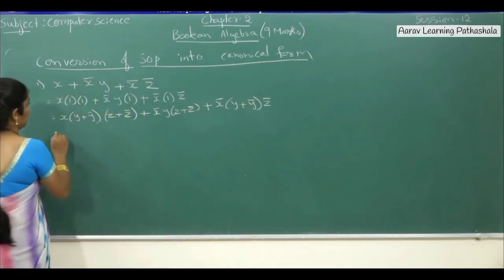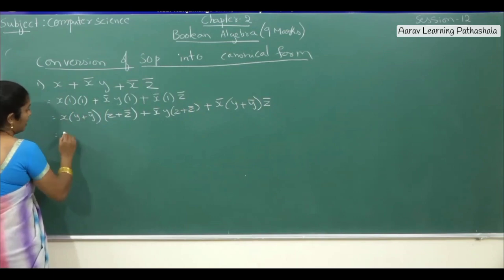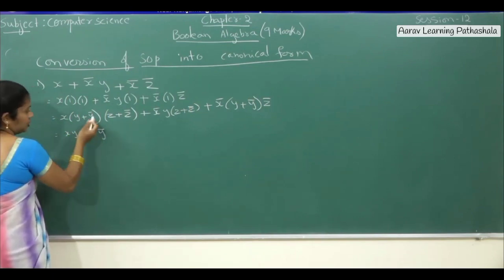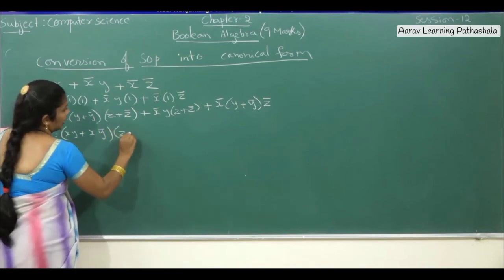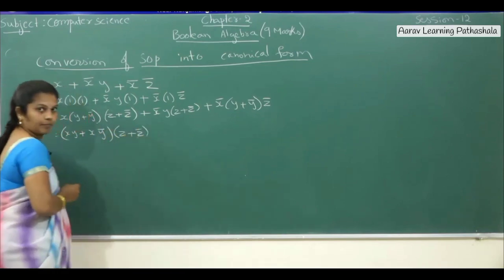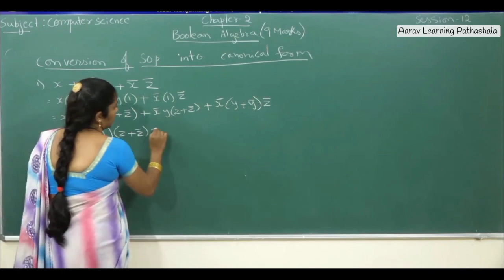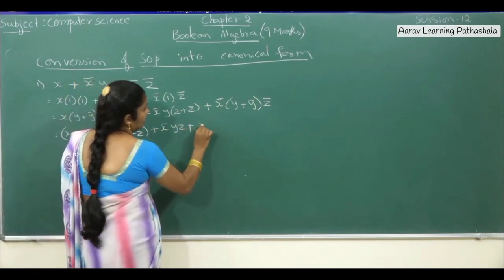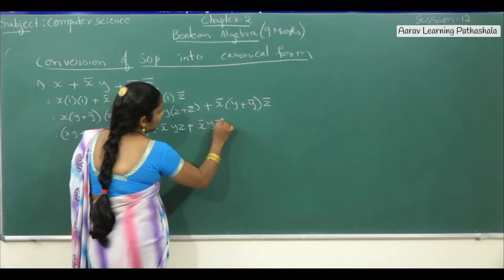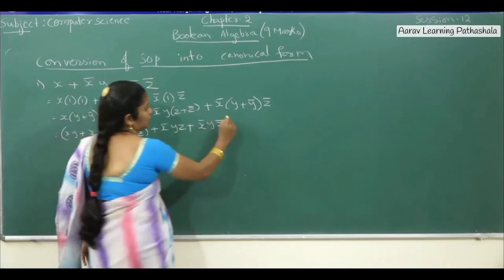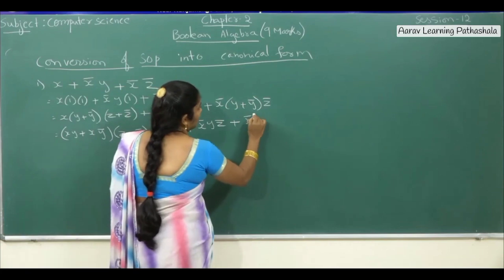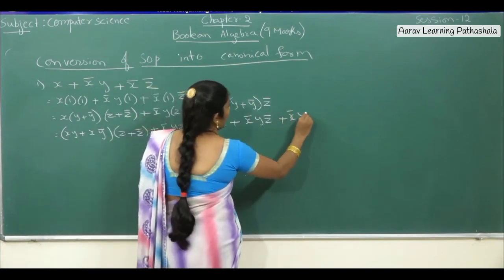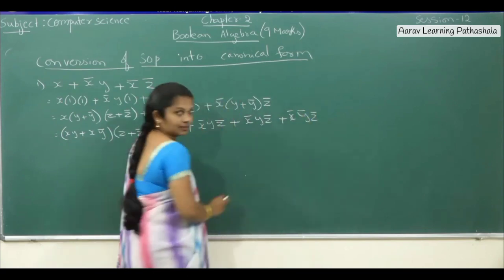Now distribute the given equation. First distribute x with y: xy plus x y bar, then z plus z bar. Then distribute x bar y z plus x bar y z bar, and once again x bar y z bar plus x bar y bar z bar.